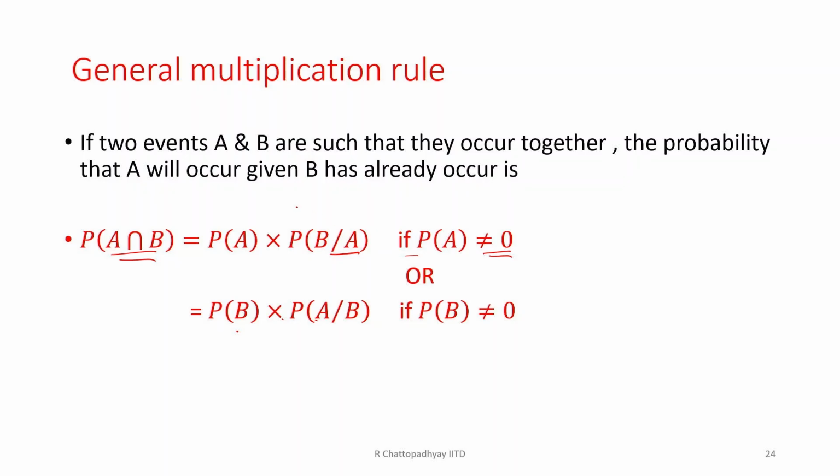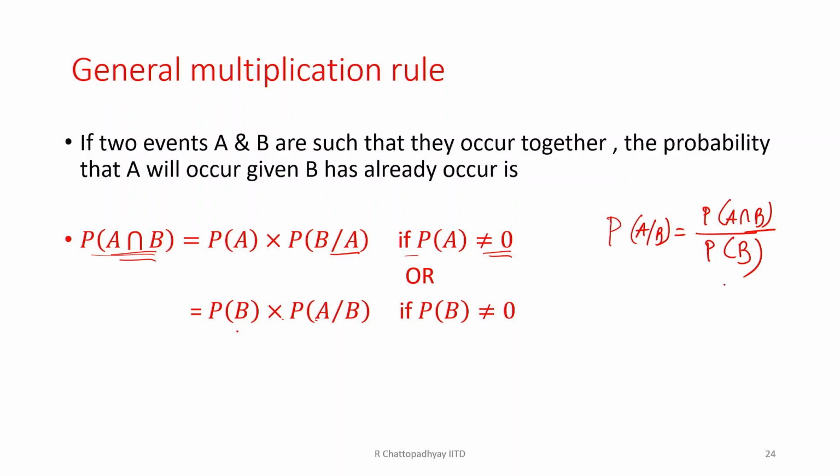Actually, this is coming from the conditional probability. We have already learned earlier P(A given B), and from there, if we find P(A intersection B), then we can easily write. So if you remember, go back to the slides, we have different conditional probabilities. P(A given B) is P(A intersection B) by P(B).